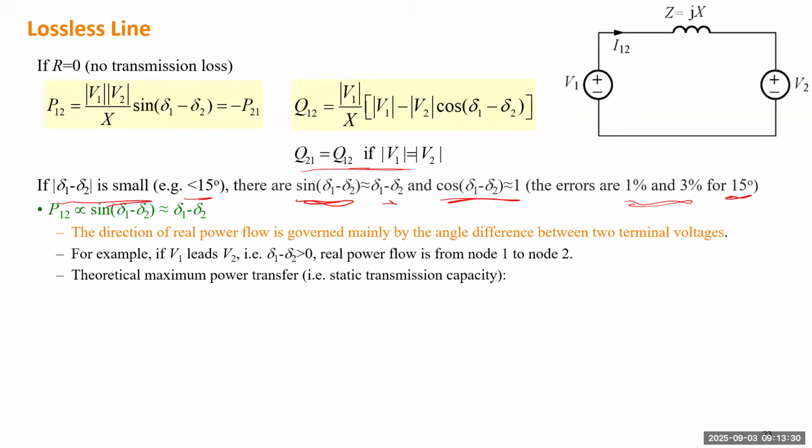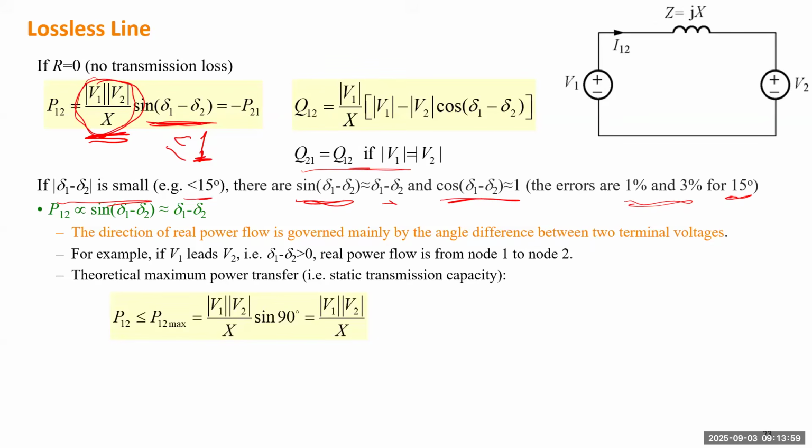The theoretical maximum power transfer really depends on this value, because the maximum value of sine of the angle will be 1, so this is always less than or equal to 1. So this factor really determines the theoretical maximal active power you can deliver through any transmission line. When the angle difference reaches 90 degrees, that will be the theoretical maximal power transfer.